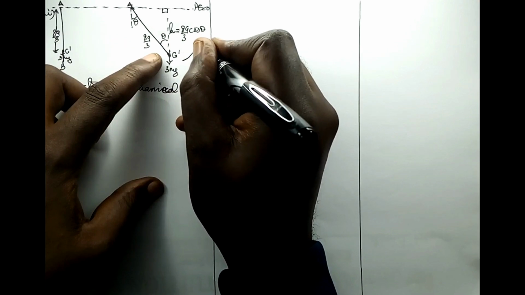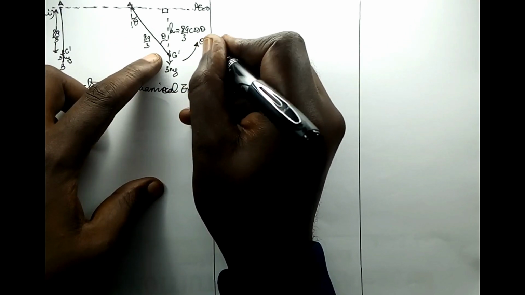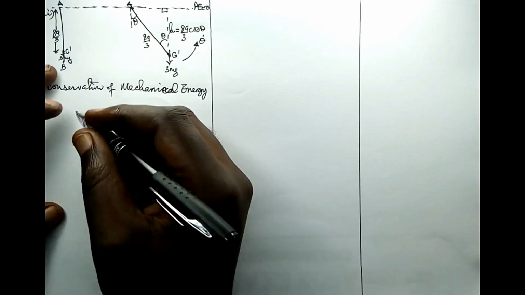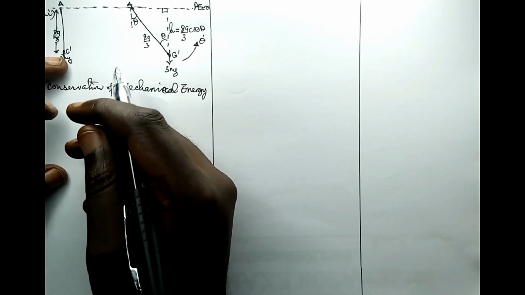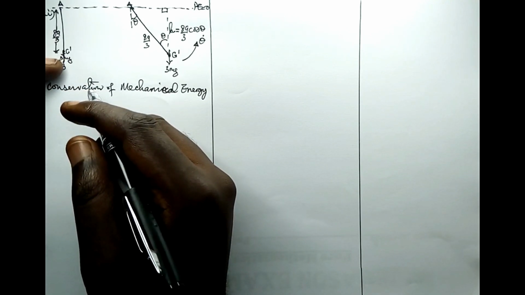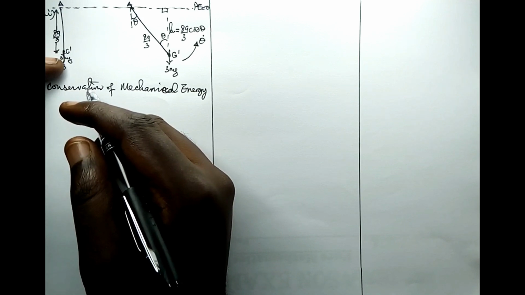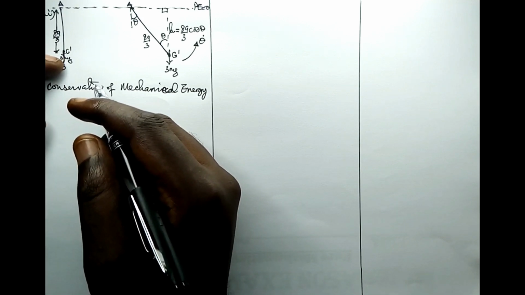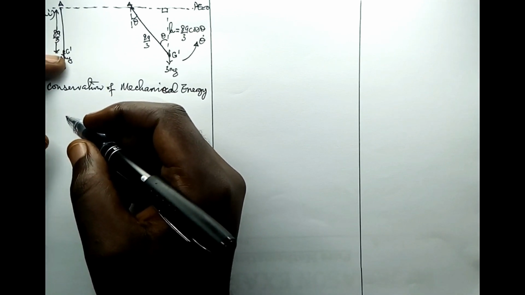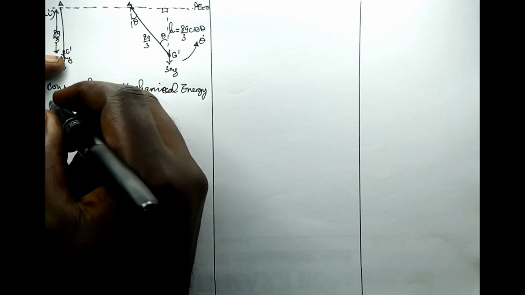Remember, at this position, the system is rotating with angular speed theta dot. In the initial position, mechanical energy is supposed to be composed of gravitational potential energy, kinetic energy, and elastic potential energy. But elastic potential energy does not apply here. So we only have kinetic energy and potential energy.